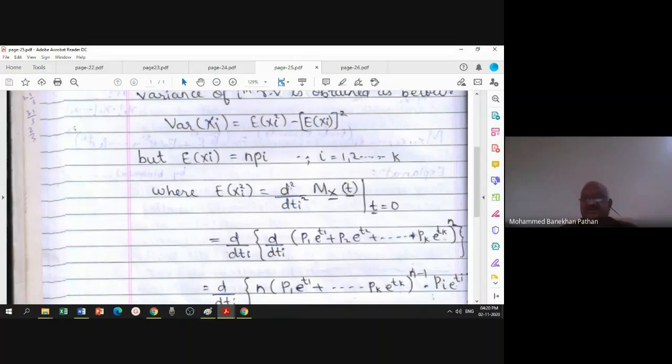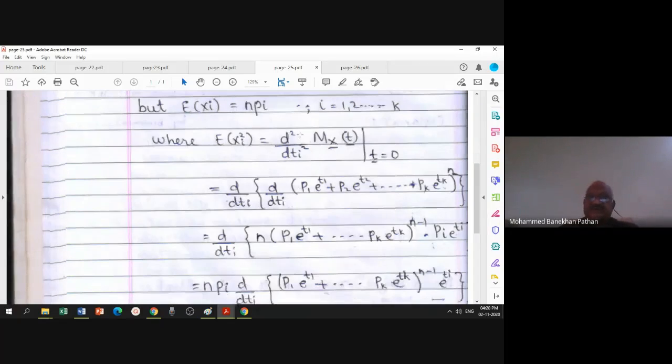So it is d square by dti square of M_X(t). Once you finish two times differentiation, you replace t vector as 0, just like what we did for mean.